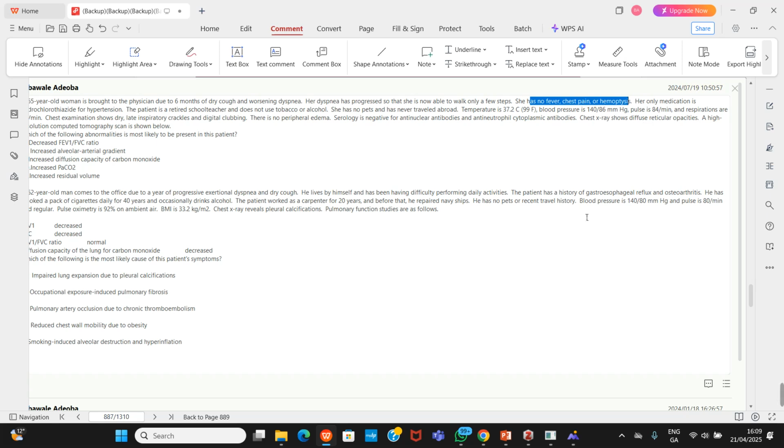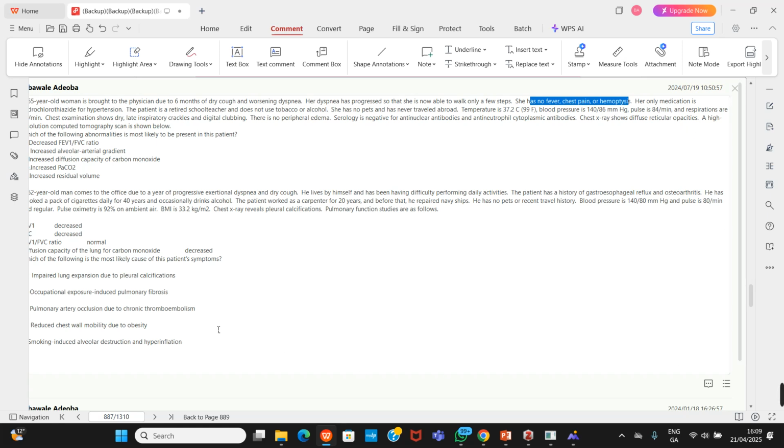Do I have the CT scan? Oh my God. I don't think we need it. Which of the following abnormalities is most likely present in this patient? Anybody? Let me see.